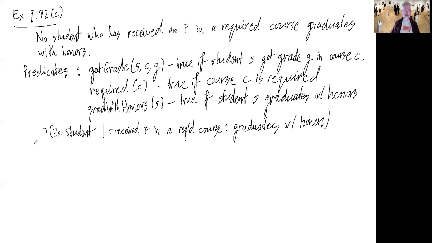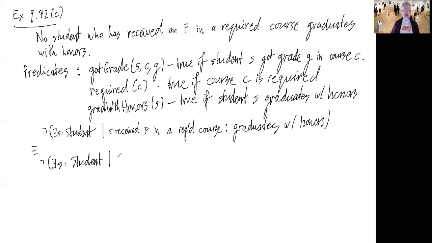Okay. So then now I need to turn these Englishy bits into less Englishy bits. Now this we actually have a predicate for. GradWithHonors(S) will take care of this part here.